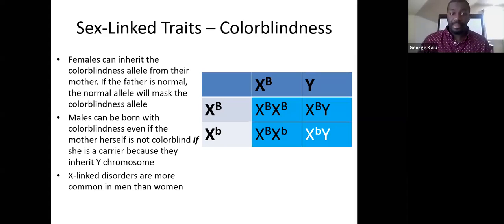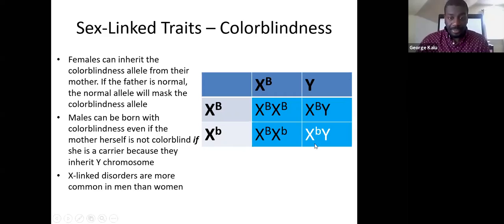However, if the father is normal, he's going to have the normal allele, and he's going to pass that on to the daughter, and then she'll be able to mask the color blindness allele. So this is typically what's going to be happening in order to produce a woman who's a carrier of the color blindness allele.